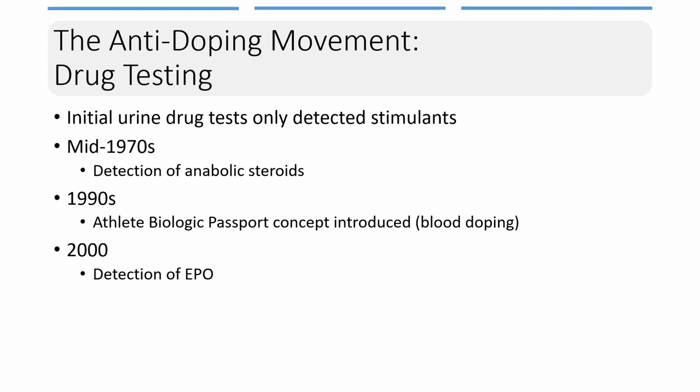Initially, urine drug tests could only reveal stimulant use. A significant breakthrough came in the mid-1970s with the detection of anabolic steroids, and the 1990s brought the introduction of the athlete biological passport concept, which addresses blood doping. And the year 2000 marked another milestone with the ability to detect erythropoietin, or EPO, usage.